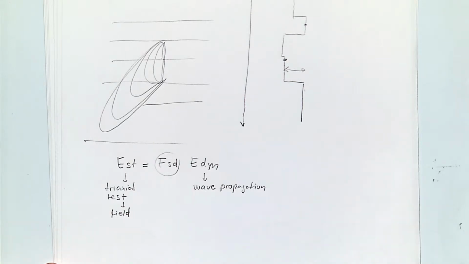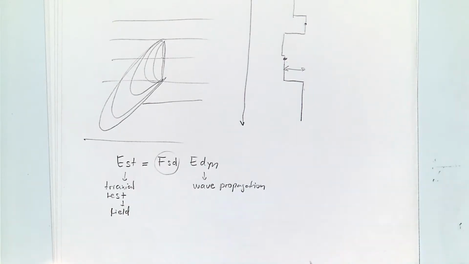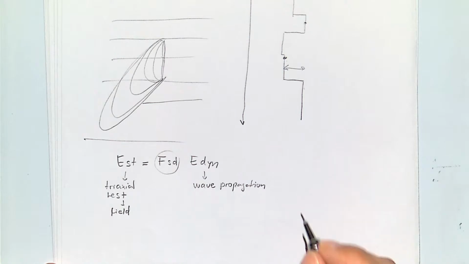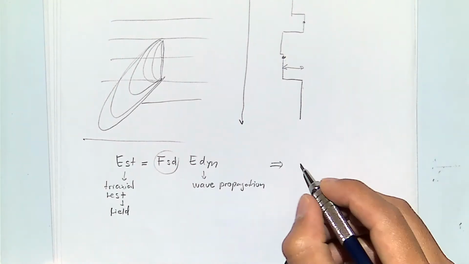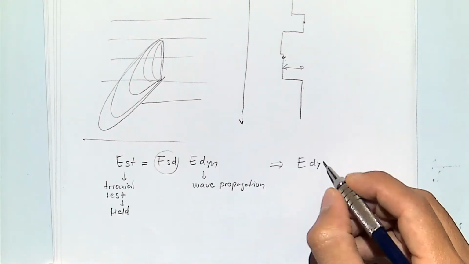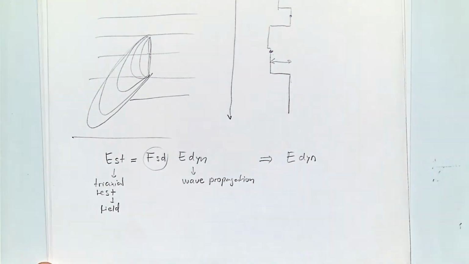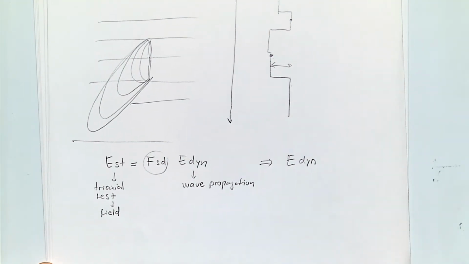And they are not the same. Usually, or almost all the times, the dynamic coefficient is higher than the static coefficient.